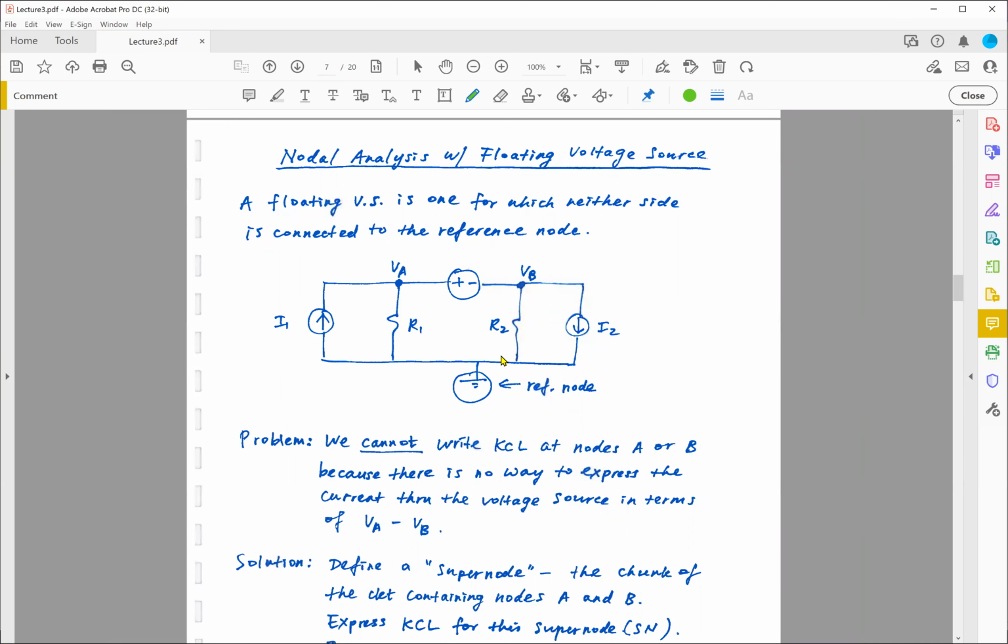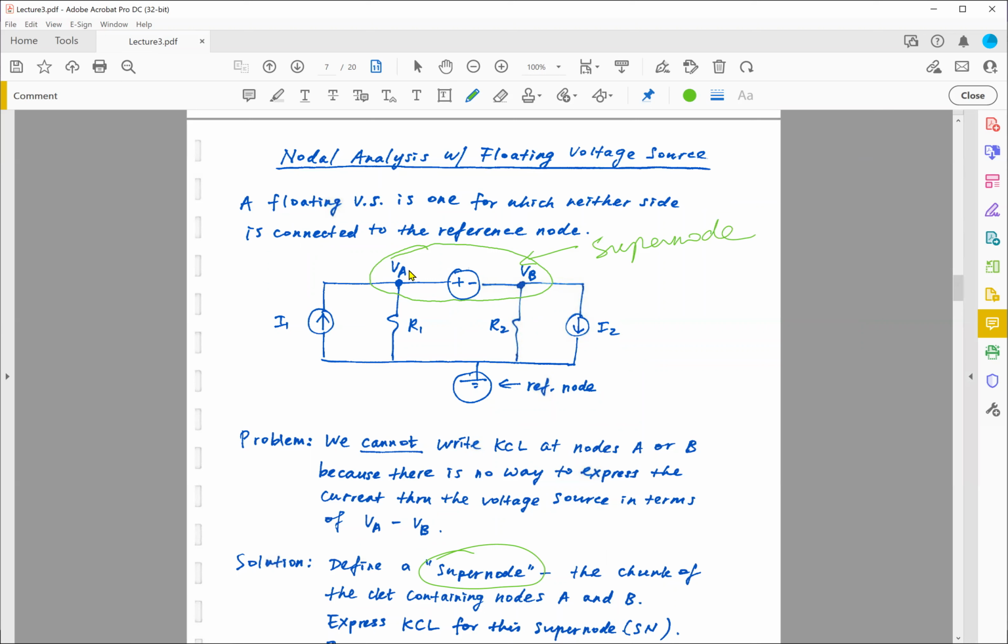Okay. So instead, what we're going to do here, we're going to define something called supernode. This is when supernode comes to the rescue. So what is a supernode? A supernode is a chunk of circuit that contains nodes A and B. If I circle this like this, encompassing both node A and B, this is my supernode.